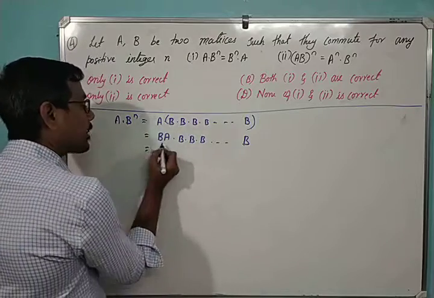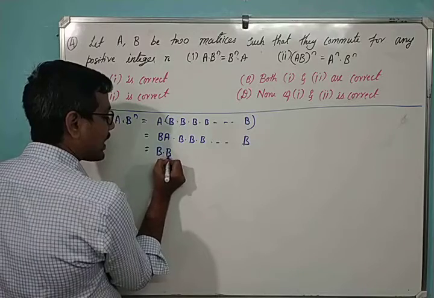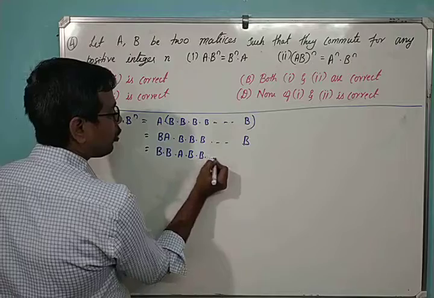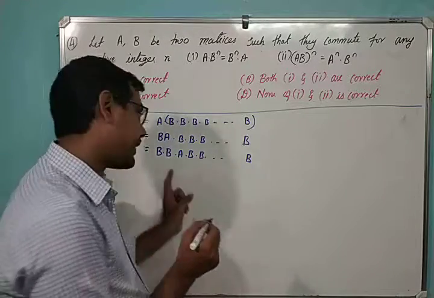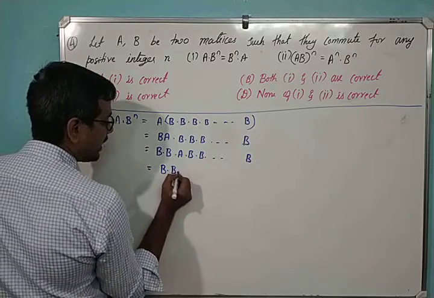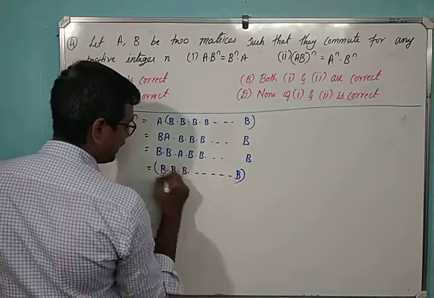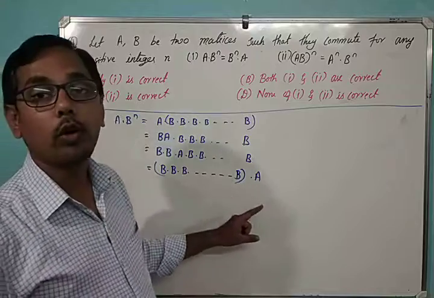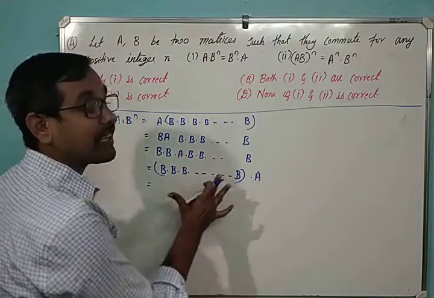Okay. Similarly, this A can be shifted. I can write this as B into A into B, so on up to B. Now similarly, I can go on shifting A from one to another. So this will result in B into B into so on up to B into A. How many B are there here?